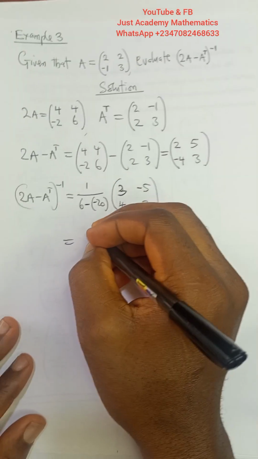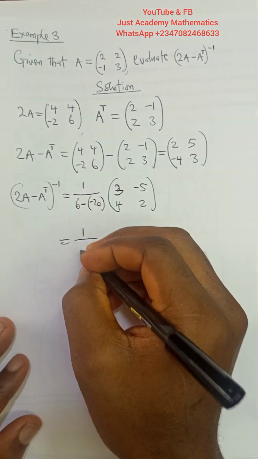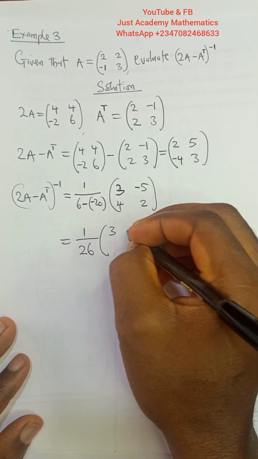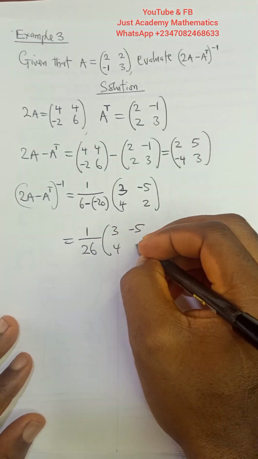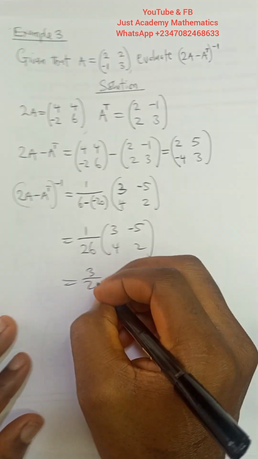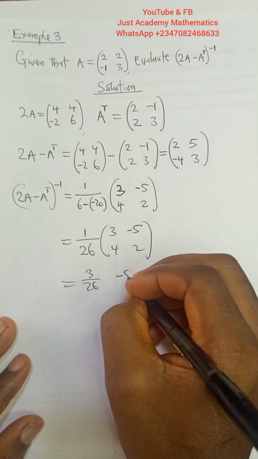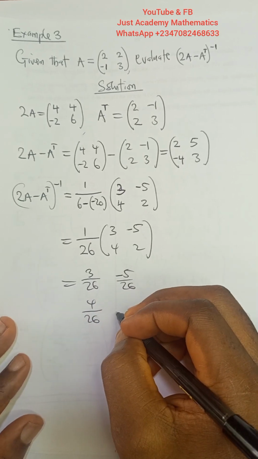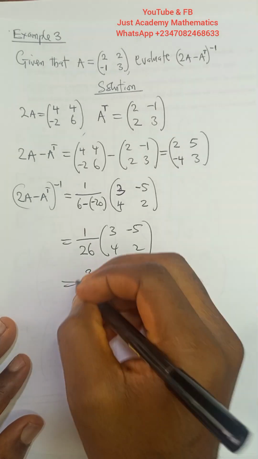So the answer here now will be 1 over 26 times 3 minus 5, 4, 2. So when 26 go in, you have 3 over 26, then minus 5 over 26, 4 over 26, and 2 over what? 26.